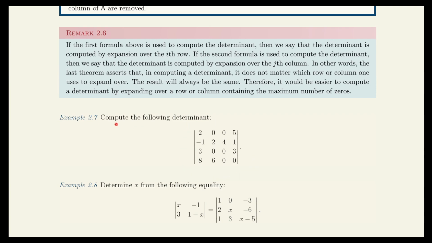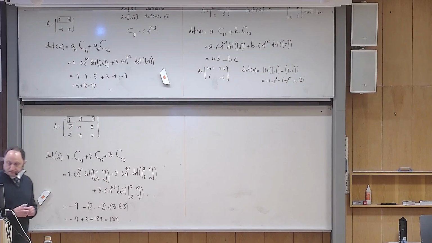You see that I have just written: compute the following determinant, with these parallel lines. This is not a matrix. When I have parallel lines, not square brackets, it means that it is denoting a determinant, not a matrix. It is the determinant associated with the block of numbers as a matrix, if you want to interpret it in that way. Okay, so let me write this on the board.